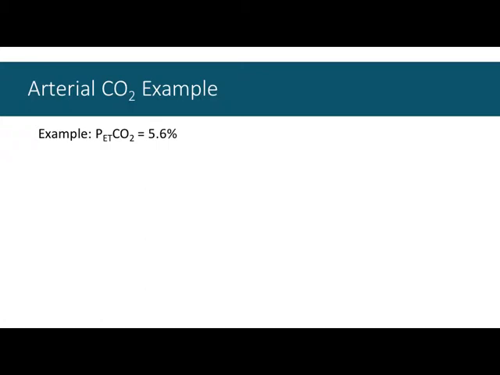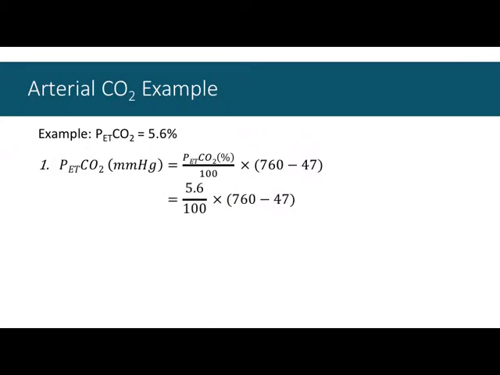The first thing I want to do is get out of percent. I can't use percent. I need partial pressure. So I turn to my partial pressure equation. The partial pressure of CO2 is the percent of atmospheric pressure. In this case, it's 5.6% of the atmospheric pressure, corrected for water vapor pressure.